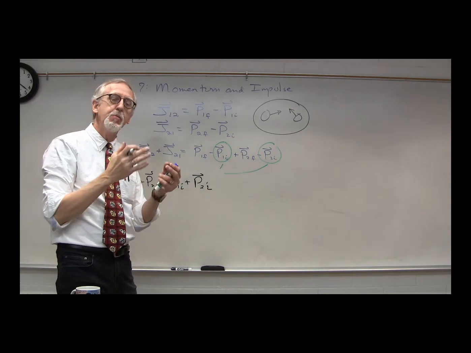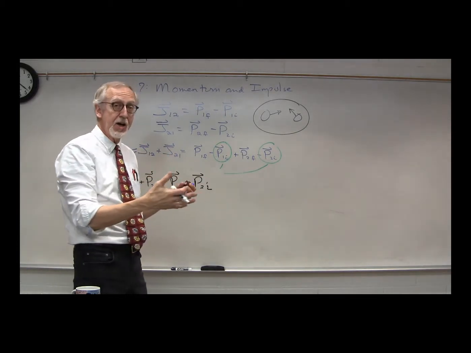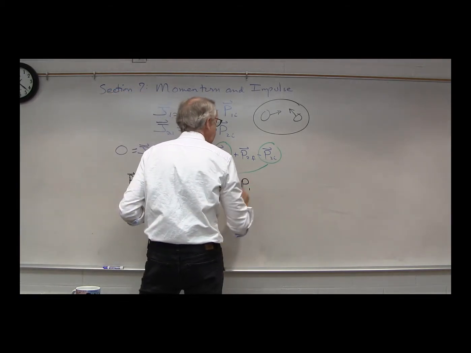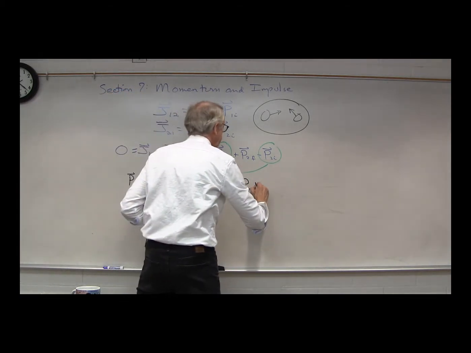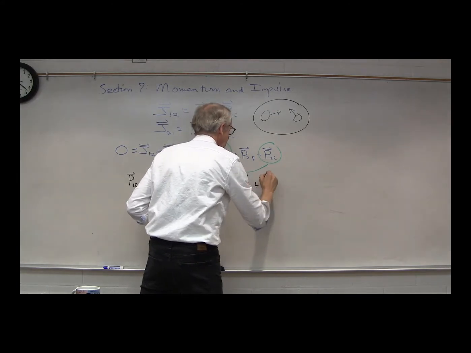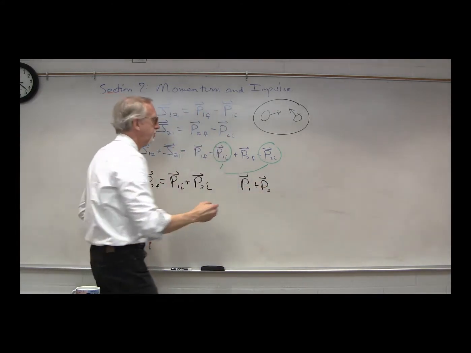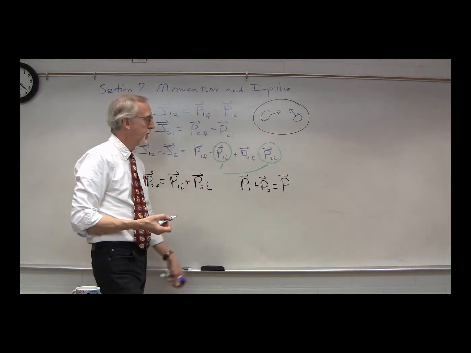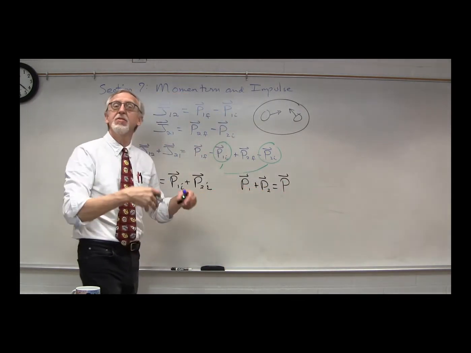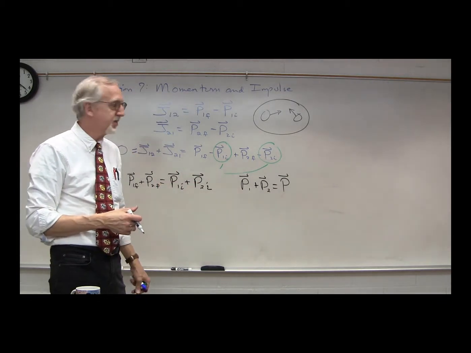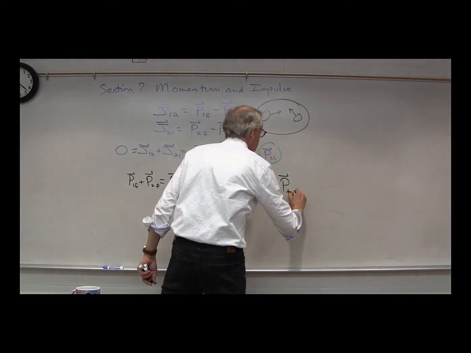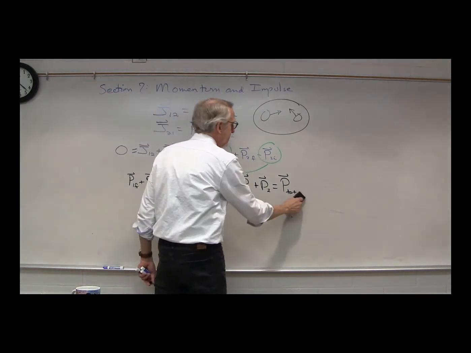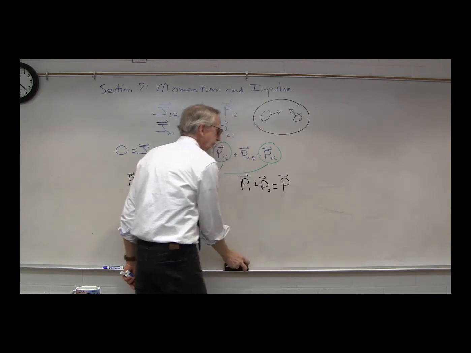We write that the momentum of object 1 plus the momentum of object 2 is the total momentum of the system, if we've just got two objects in the system. We might write this as P total, or we might just not write the subscript at all and just keep in mind that we mean the total momentum.